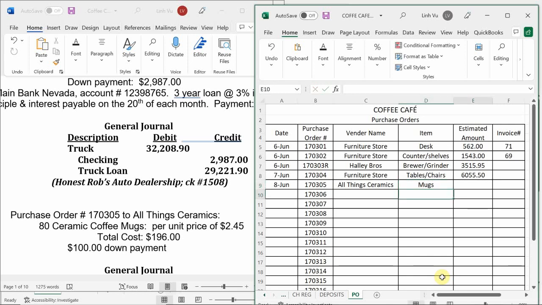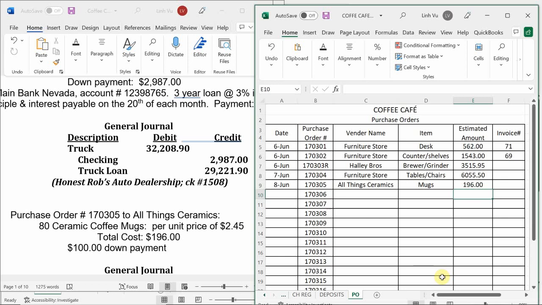And we bought them for $196. Here we can see that we're pending 3 more items: our coffee brewer, coffee grinder, our tables and chairs, and now our coffee mugs.